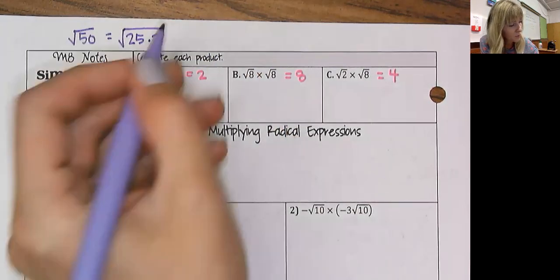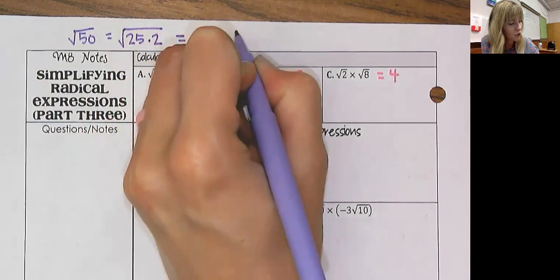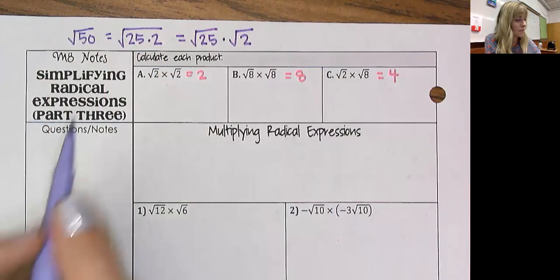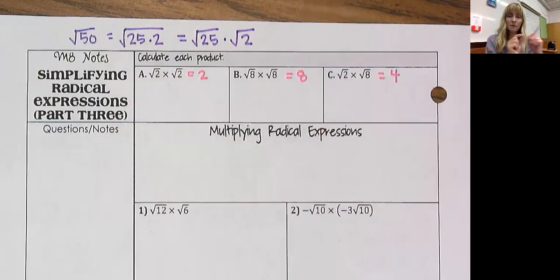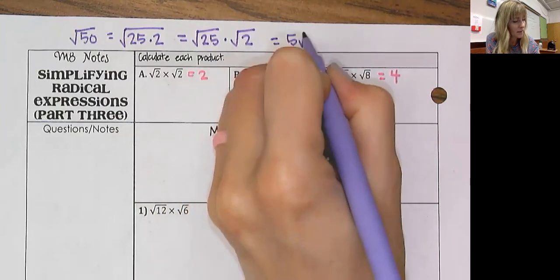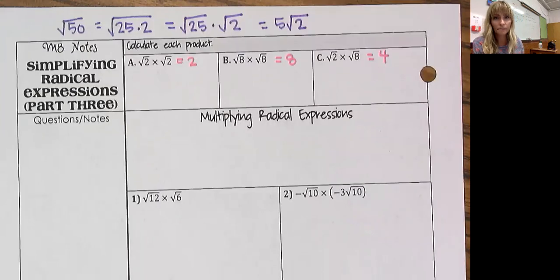And then we separated them so that they were each a part of their own radical expression. We'd factor it, and then break it apart and do the square root of each of them separately. The reason we did that is so that we could then square root the perfect square part and leave the other part inside the radical.